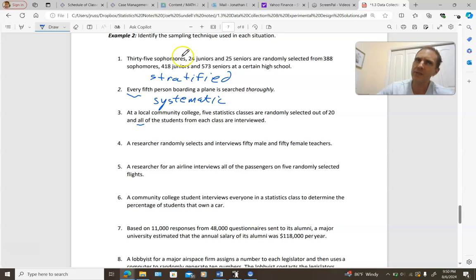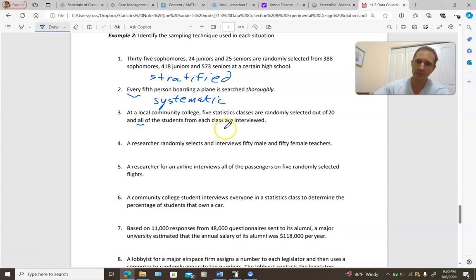And furthermore, guys, there's not very many clusters. There's only 3. So that's not going to be a good idea. Typically, you want to do cluster sampling when you can divide a population up into many clusters, right? Like all the zip codes in the U.S. or all of the counties in the state of California, right? Because there's quite a few of them.